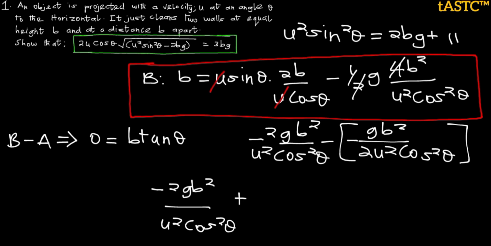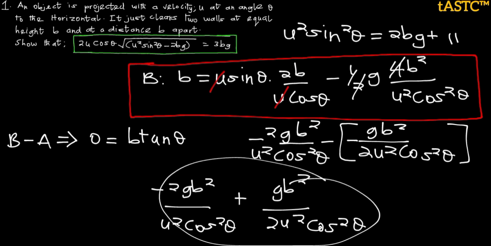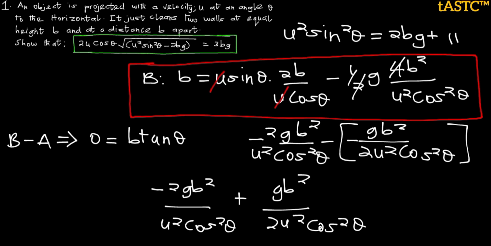Now this is going to be plus gb squared divided by 2u squared, so this is going to be 2u squared cos squared theta. Now if we work this, it is actually going to give us 3gb squared divided by 2u squared and everything that follows.